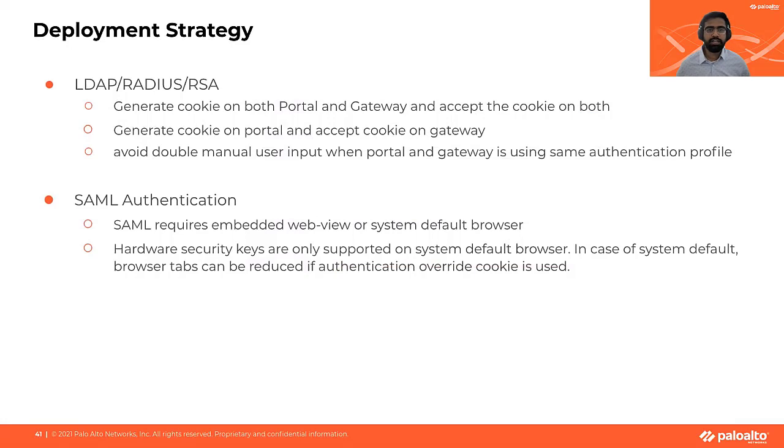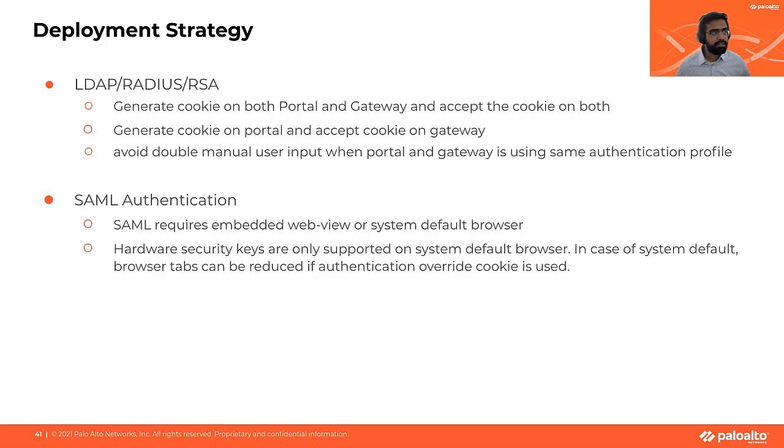So now let's take a look at how authentication override cookies are commonly deployed in our customer base. How it is deployed, of course, varies greatly across the different customers. And it also varies based on the desired user experience and the authentication that is required.